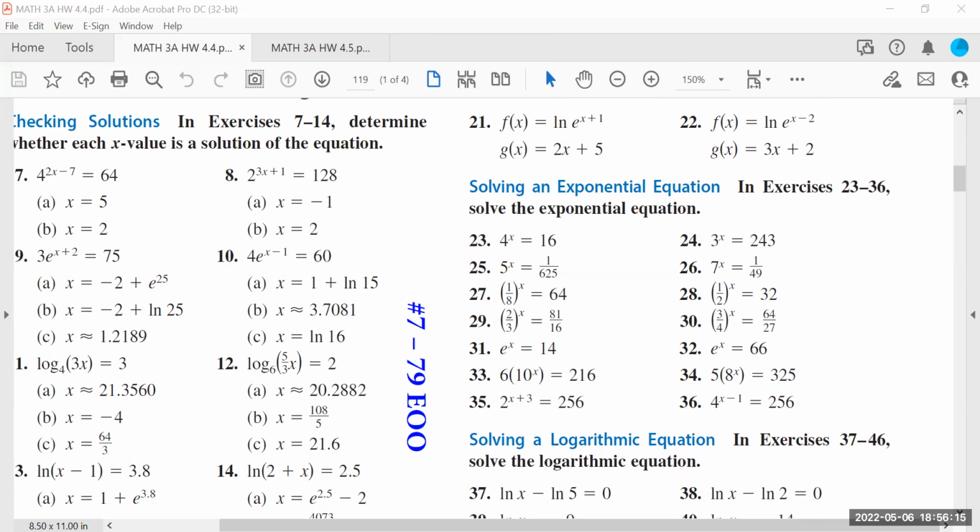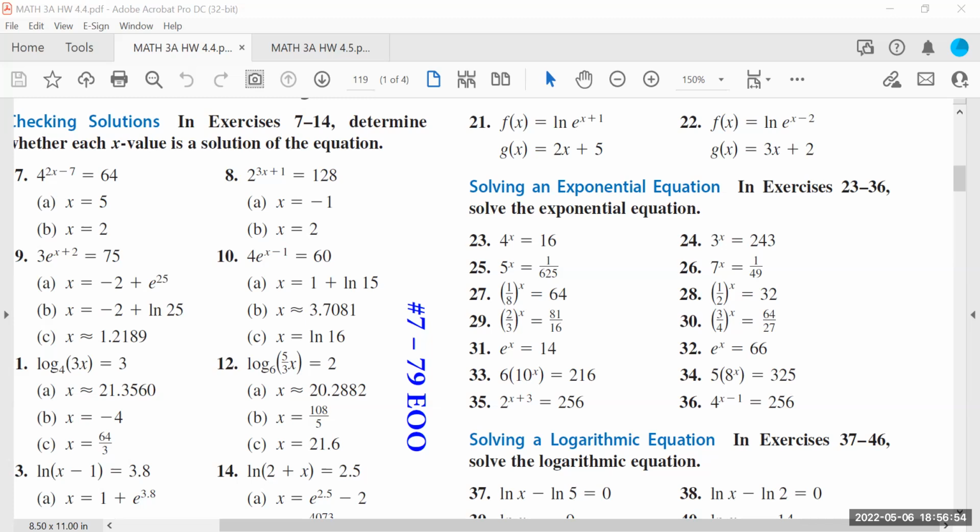Okay, so hang on. There we go. The summary, 4.4, is right here, and it gives us: rewrite the original equation in a form that allows the use of one-to-one properties, rewrite an exponential in log form, or rewrite a log in exponential form.